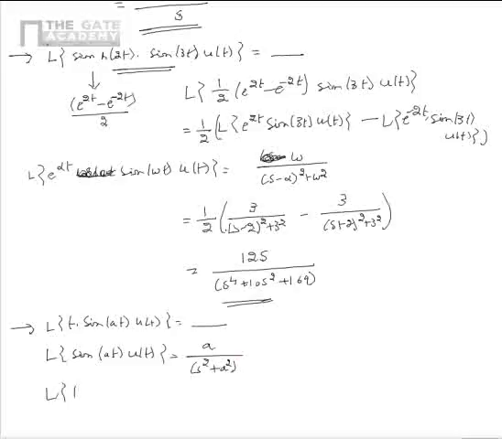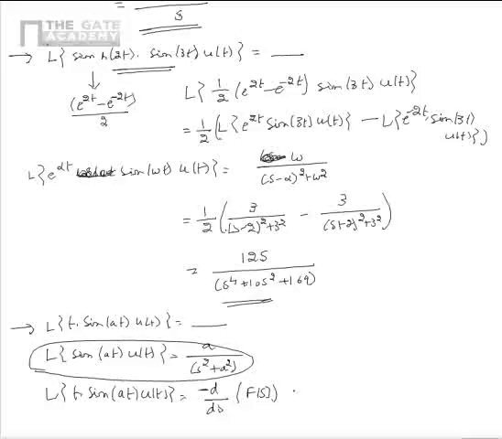So from this we can write that Laplace transform of t into sin of a t u of t can be written as minus d by ds of F of s, where F of s is the Laplace transform of sin a t u of t.